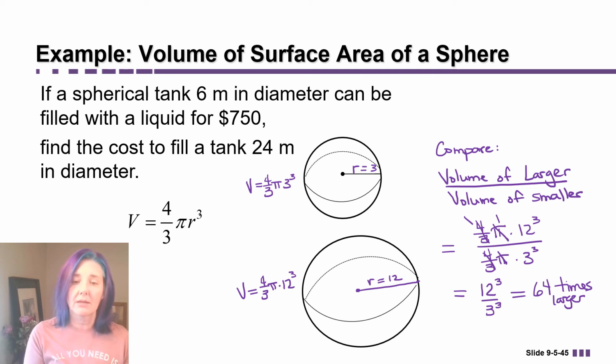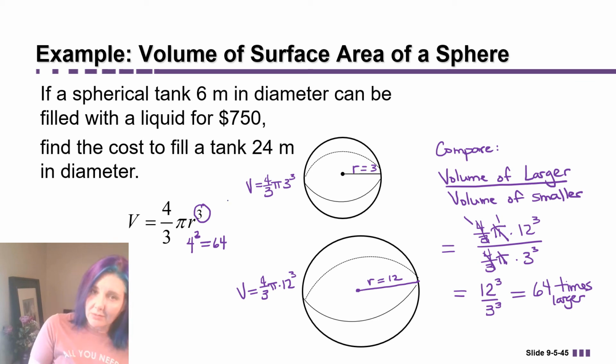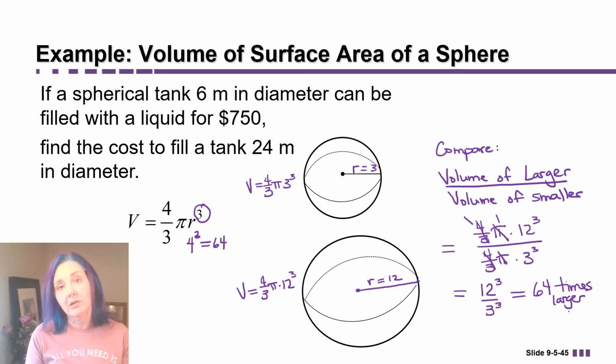The reason for that is because we're cubing the radius. So 4 times as much, 4 cubed is 64. So there's a relationship between the fact that the radius is being cubed and how much larger this guy got. But in any case, what we were asked is, then how much would it cost to fill this larger tank?